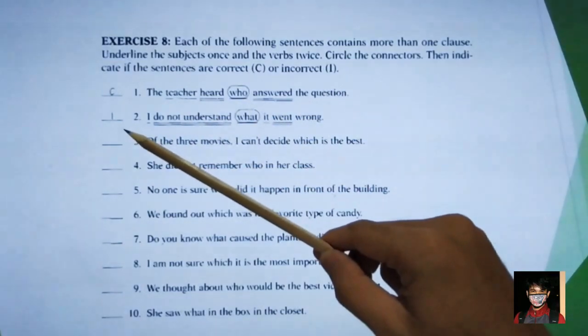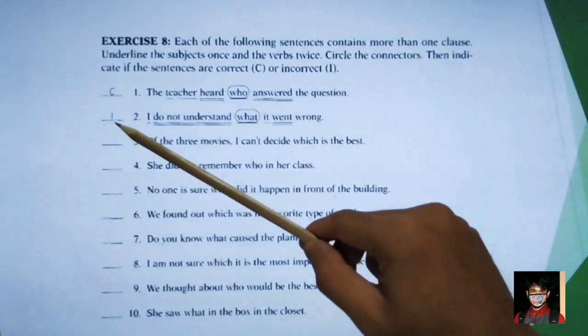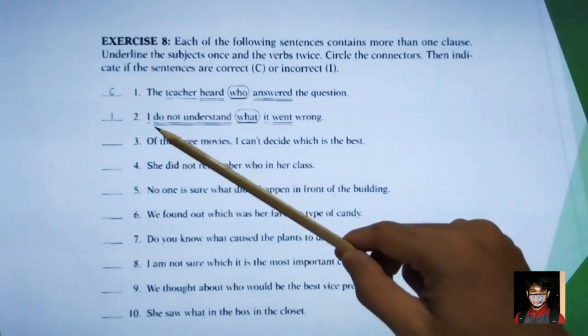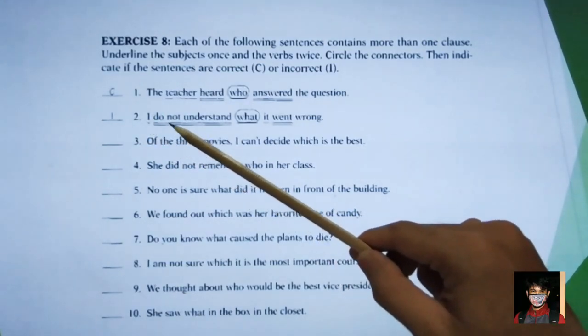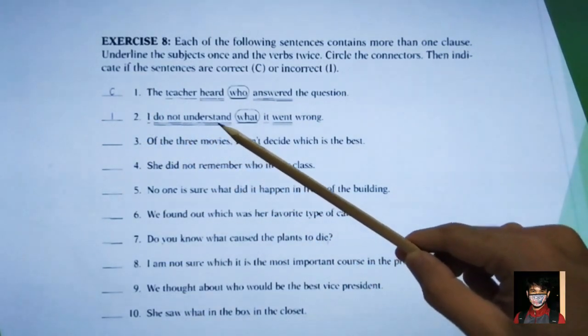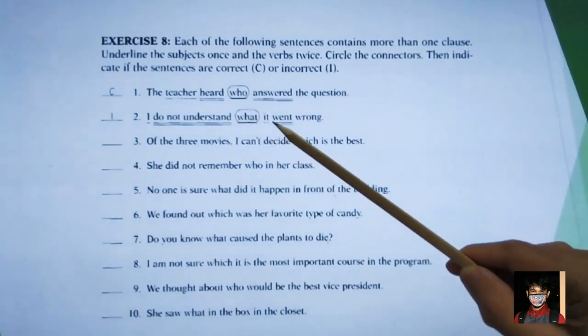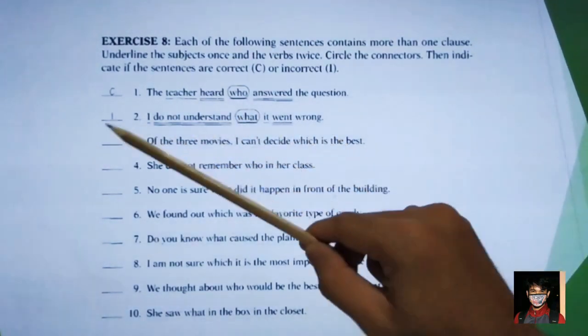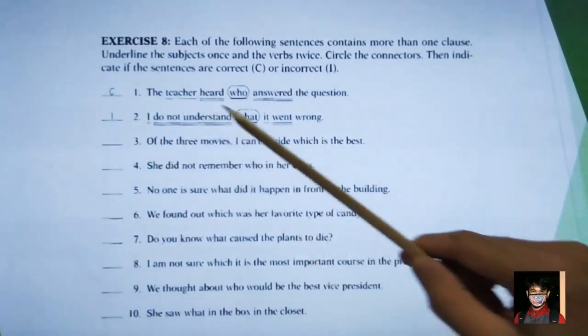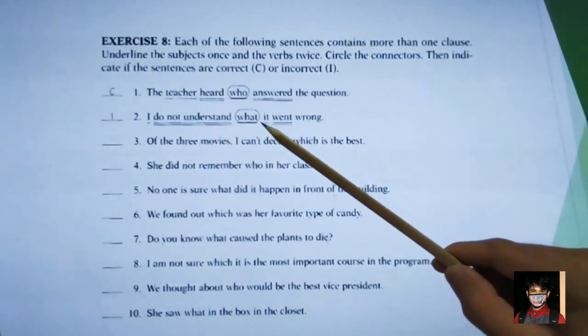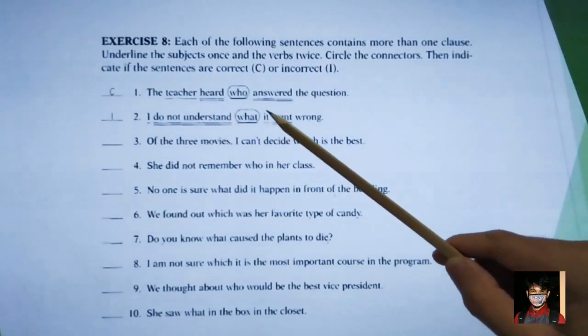Take a look at number 2. For number 2, it is incorrect. Why? I as a subject, don't understand as a verb, circle what as a connector, it went wrong. It is incorrect because there is a subject here.